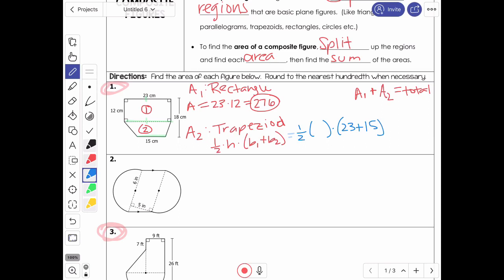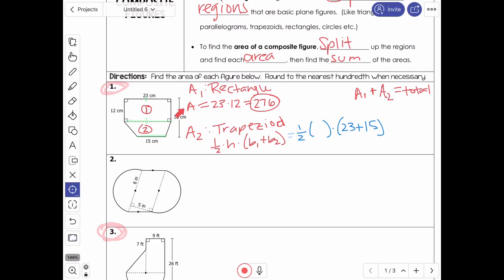Now the height, I don't know the exact height from here to here. I do know that this entire figure is 18 centimeters, and just this rectangle is 12. So you're going to subtract the rectangle's height from the entire height to get the trapezoid's height.